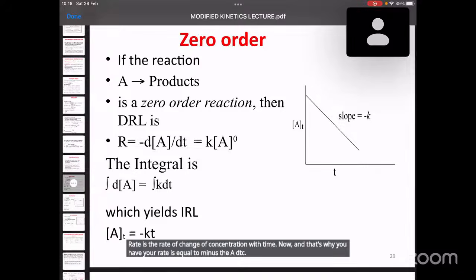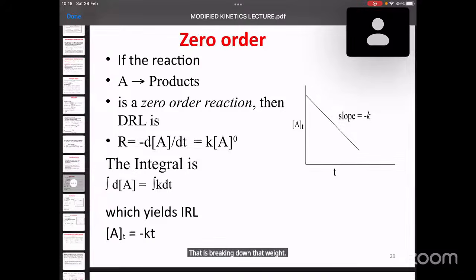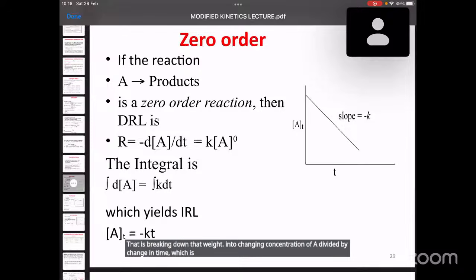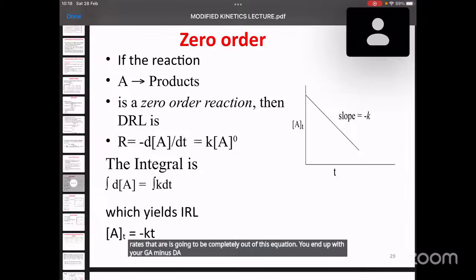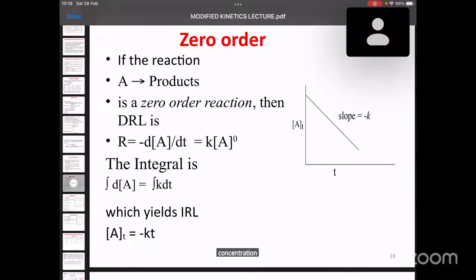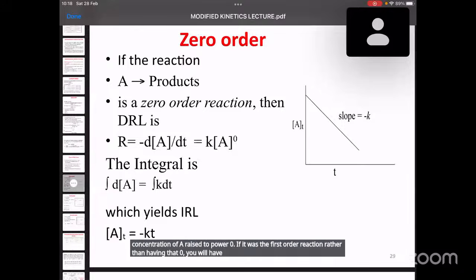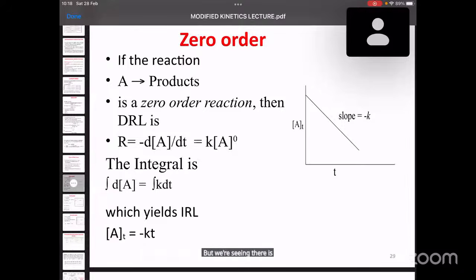That is breaking down that rate into change in concentration of A divided by change in time, which is the definition of rate we have spoken about. Now, rate, that R, is going to be completely out of this equation. You end up with minus dA/dt, which is equal to K concentration of A raised to power 0. If it was a first order reaction, rather than having that 0, you would have 1. But we're saying that it's a zero order reaction. That's why you're going to have 0 there.